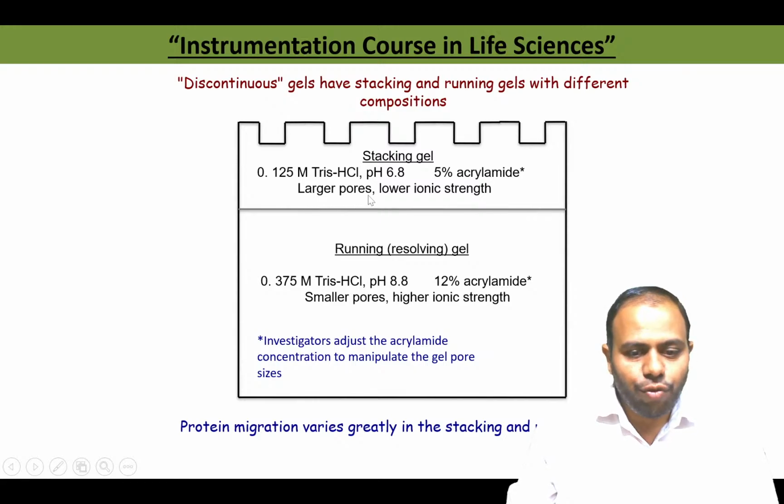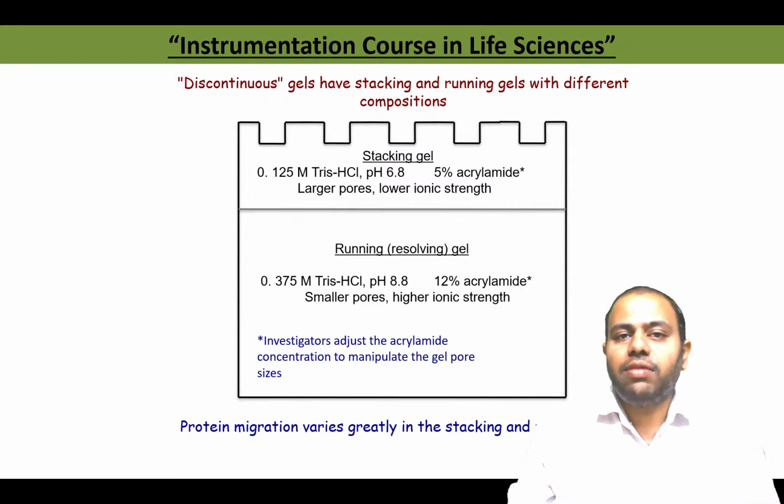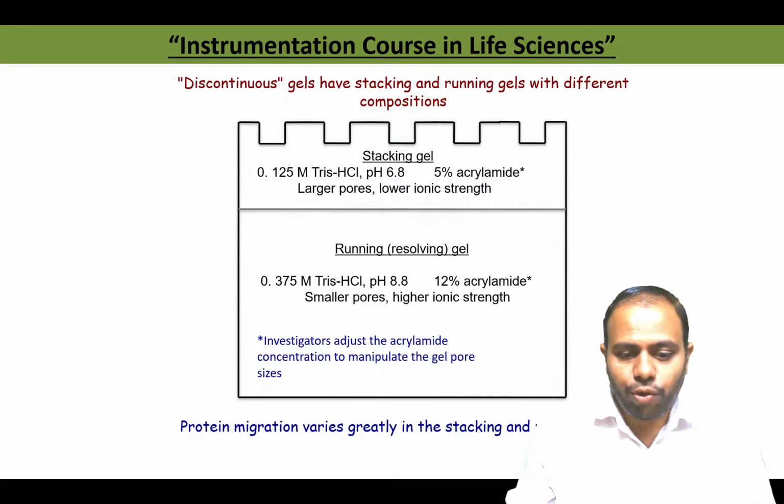It has larger pores and lower ionic strength, therefore the lower pH also. The running or resolving gel has a higher concentration of acrylamide, meaning the pore size will be smaller. Therefore, it helps in resolving or separating the different protein bands. The molar strength is 0.375 molar Tris-HCl, and the pH of Tris-HCl is adjusted to 8.8.